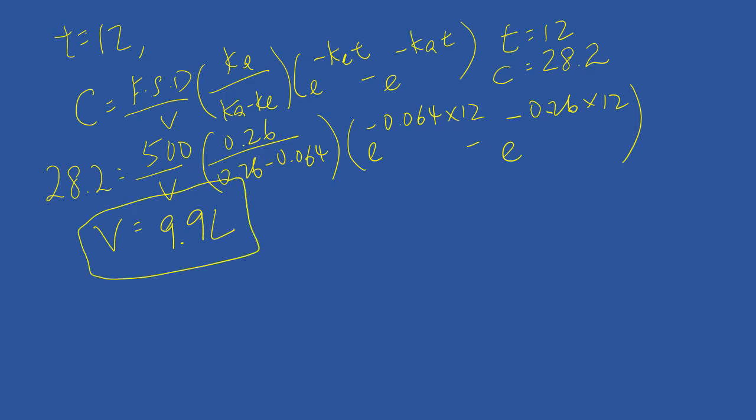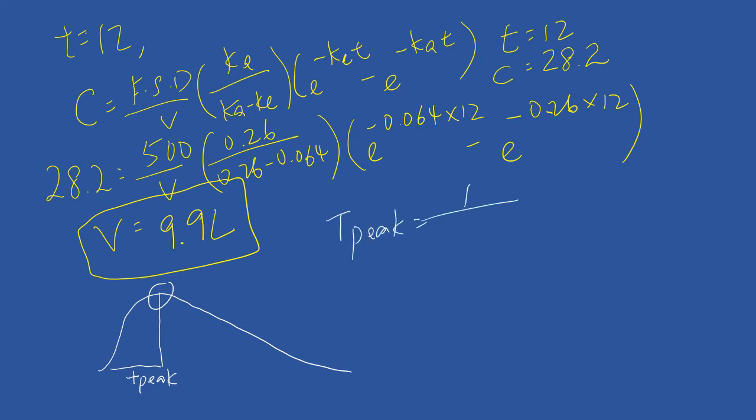So that is for part 3. For part 4, we need to calculate the T peak, the time to reach the peak concentration. So after a single dose administration, this is the time point when it will achieve the peak concentration. So we have another equation for the T peak, or we can call it T max. That will be 1 over Ka minus Ke, ln in bracket Ka over Ke.